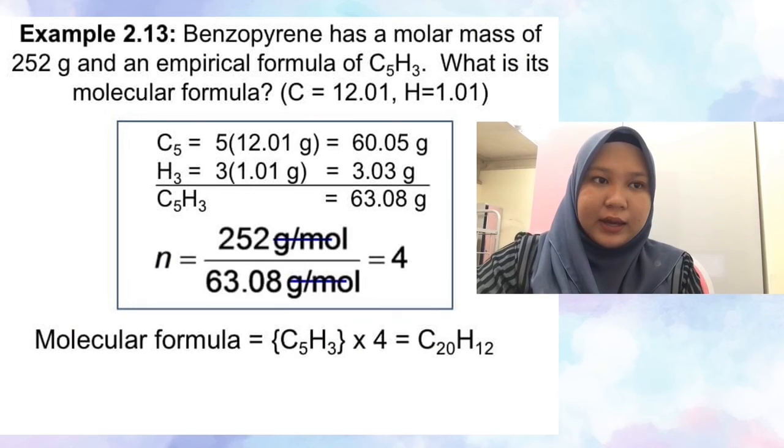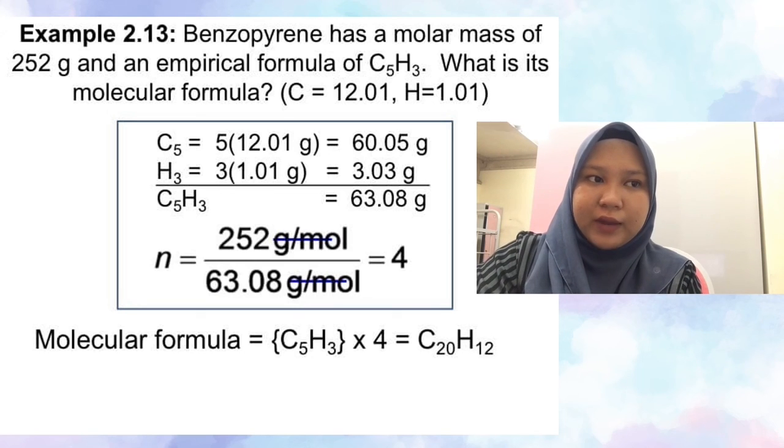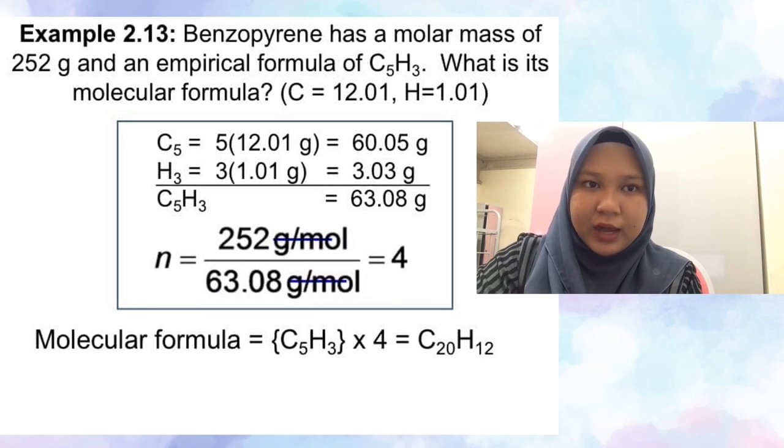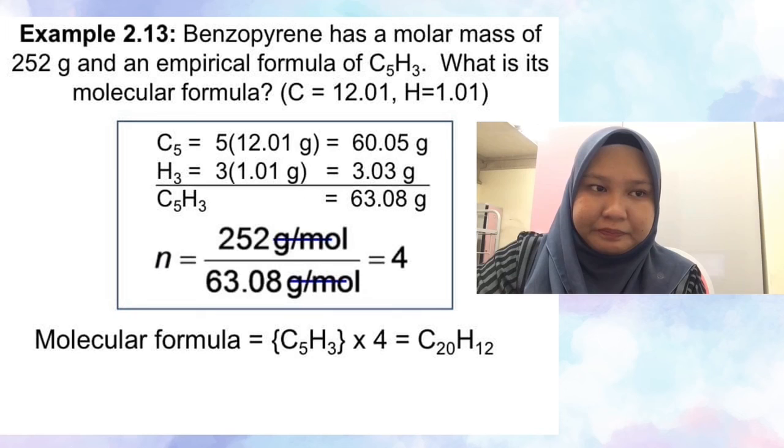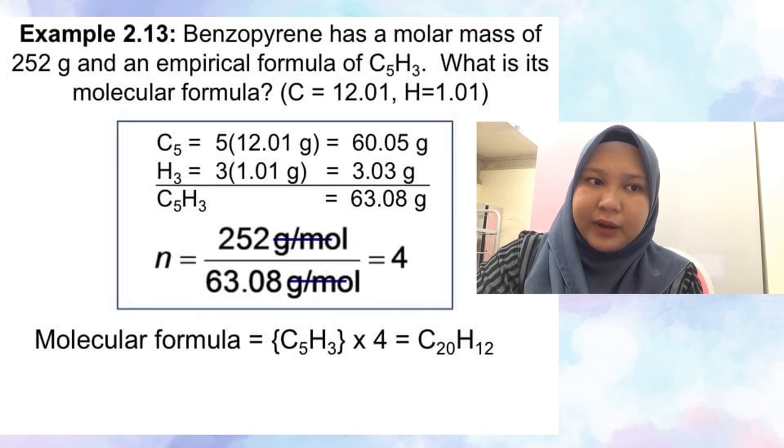And last, for example 2.13, benzopyrene has a molar mass of 252 grams per mole and an empirical formula of carbon 5, hydrogen 3. What is its molecular formula? Carbon is 12.01 and hydrogen is 1.01. Carbon 5 equals 5 times 12.01 grams, which is 60.05 grams.